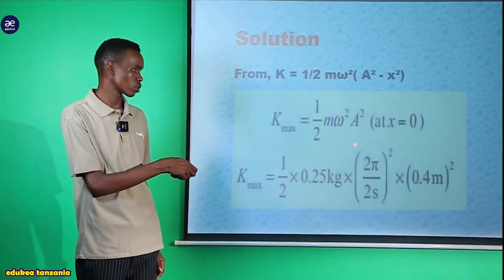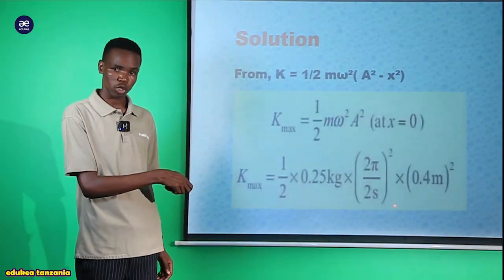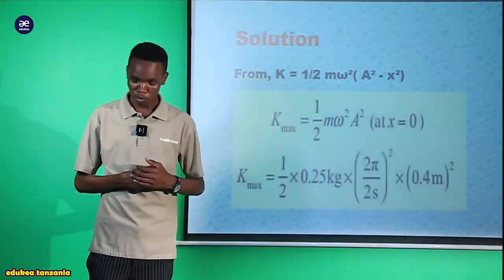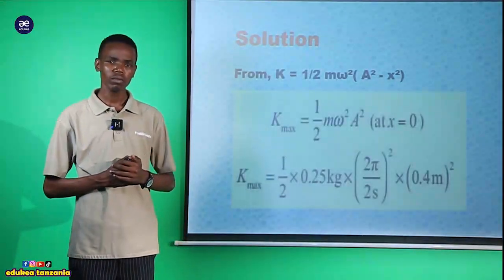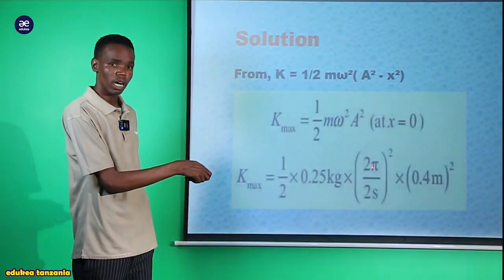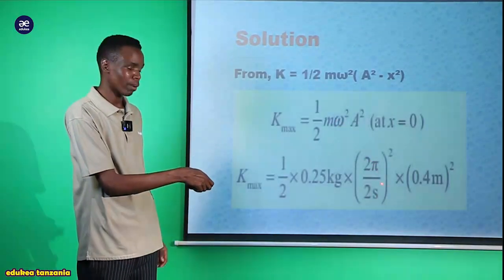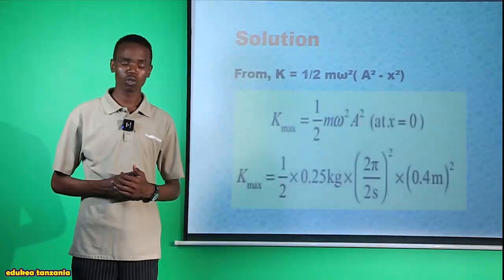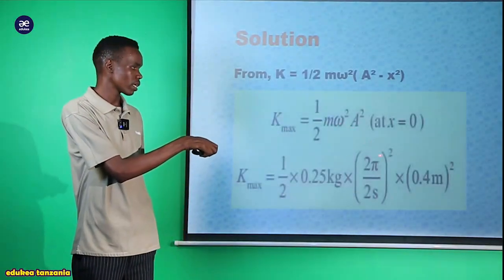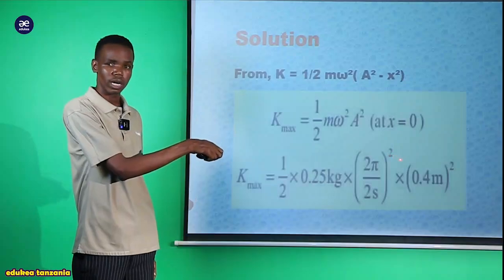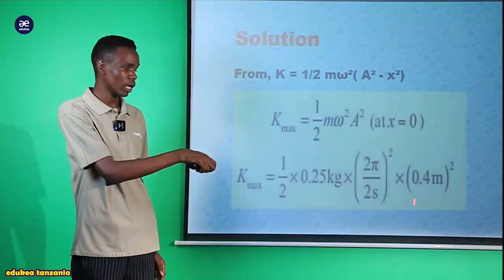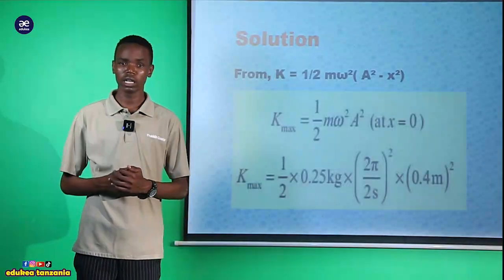So where there is angular velocity, we put 2 pi divided by 2, where this 2 means the time in seconds that we were given. The formula is 2 pi over T, and T is equal to 2 seconds. Paste this formula, and then indicate the square, since the angular velocity has a square.